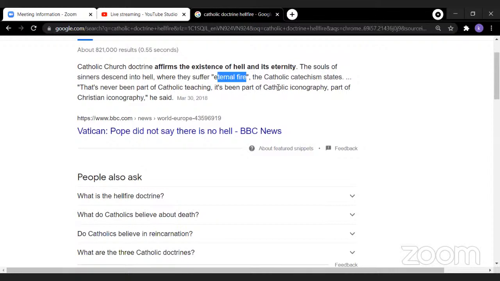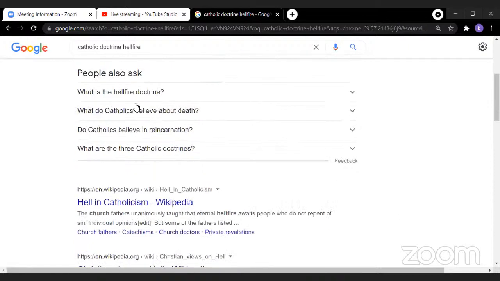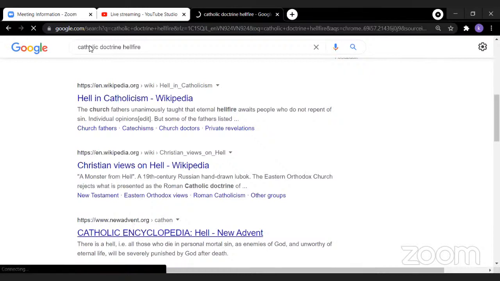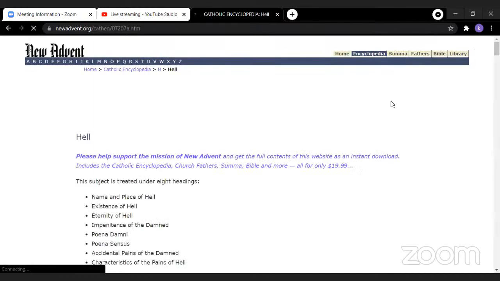It's been part of Christian iconography, he said. Oh, so he's trying to clean that up. Catholic Encyclopedia, let's see. But I want to go to the Catholic website.